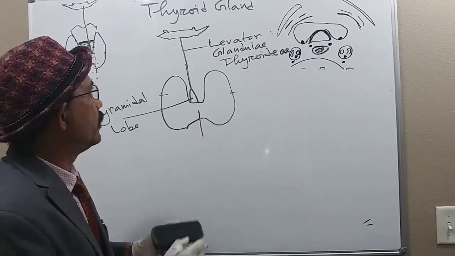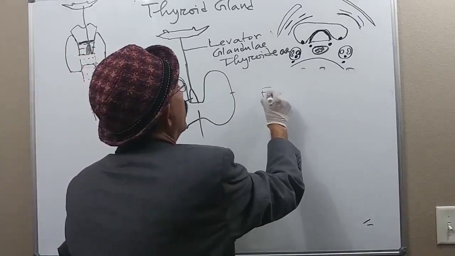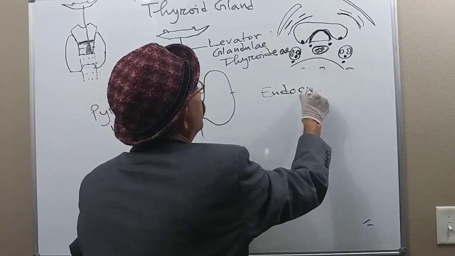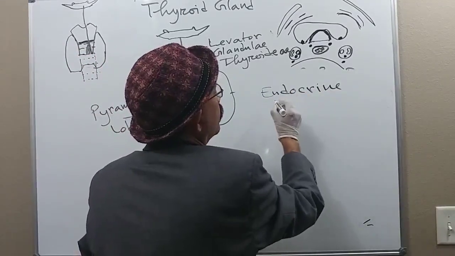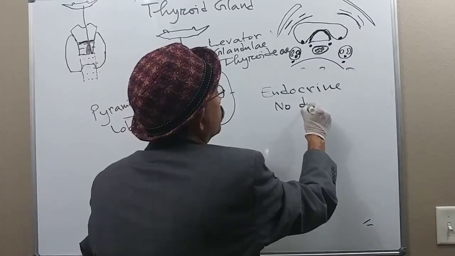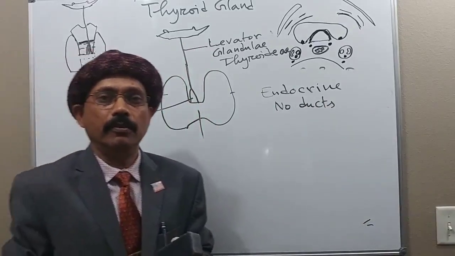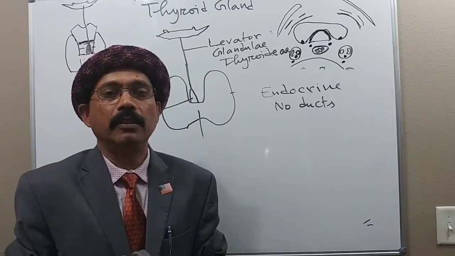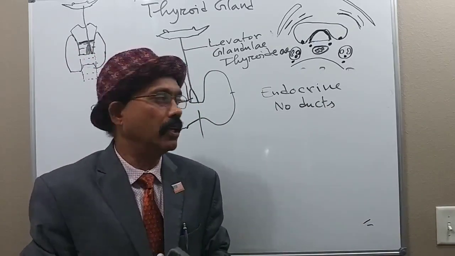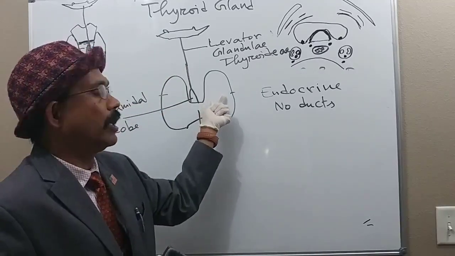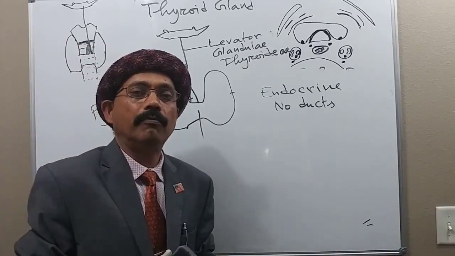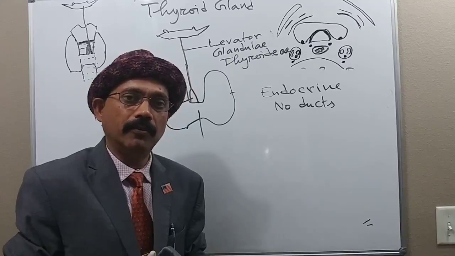This is an endocrine gland, so it is very vascular. Endocrine means it has no ducts, so the secretion of this gland reaches the blood directly. In the substance of the gland, we have a lot of fenestrated capillaries.